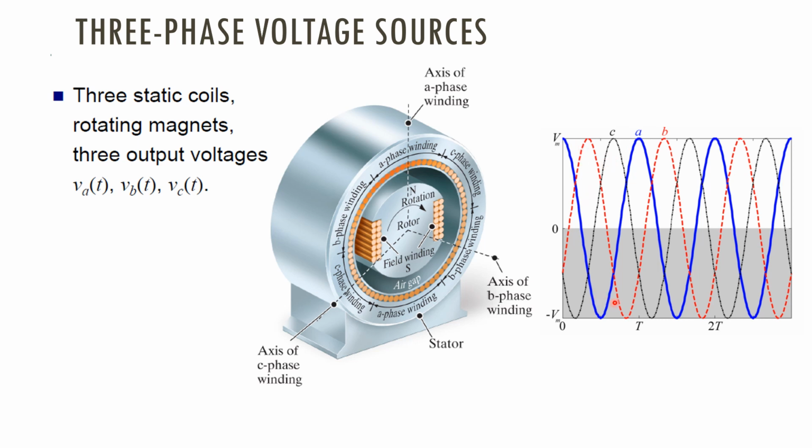This is the A phase voltage with respect to those two terminals. Then this is the B phase voltage, B phase meaning B winding voltage, and the C phase winding voltage, right? Similarly, these three different voltages could be produced, and they could be sent through three different lines. That is what we are going to talk about in the three-phase voltage system.